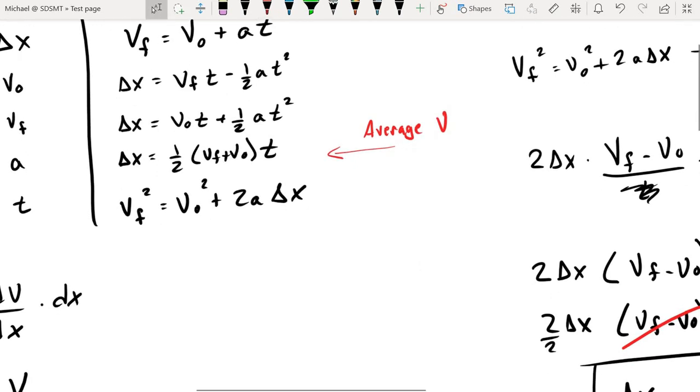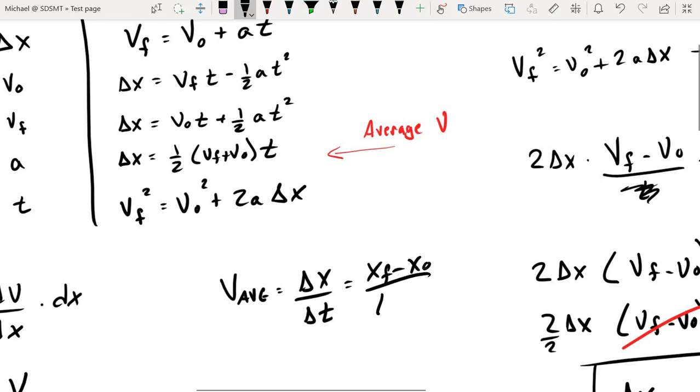Now we've already had average velocity show up before. We said that average velocity was the change in position with respect to time. And the reason we had to call this average velocity was because the time interval was too large. We said that there was too much that could change during a large time interval, and so we had to call this an average.